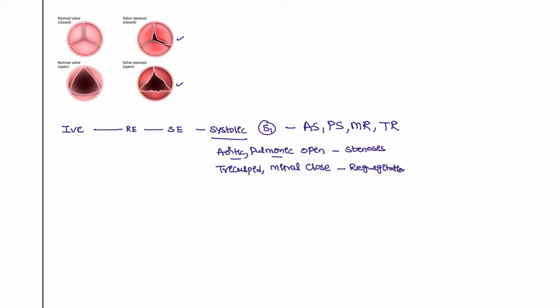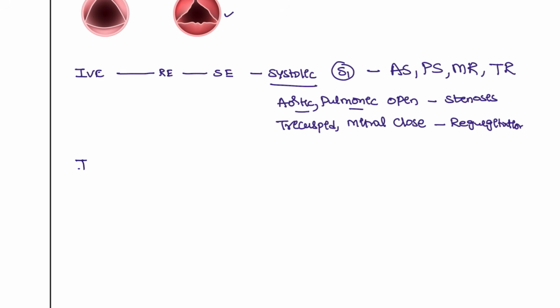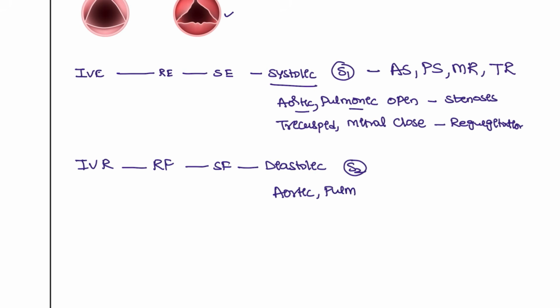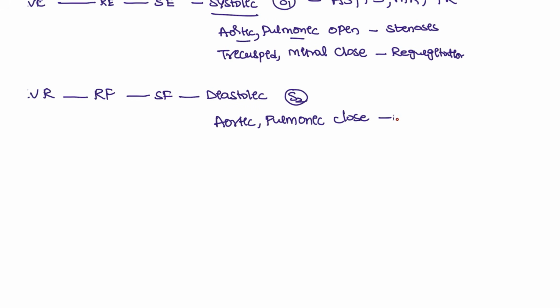So this is clear. Next, moving on to isovolumetric relaxation and rapid filling followed by slow filling, seen with which phase? This is the diastolic phase, right? And S2 is produced here. So here the aortic and pulmonic valves are closed because ejection is done. Sorry, in the closed valves you are getting the regurgitation.